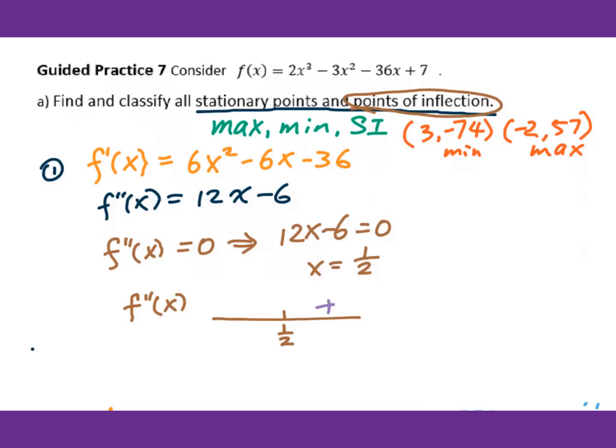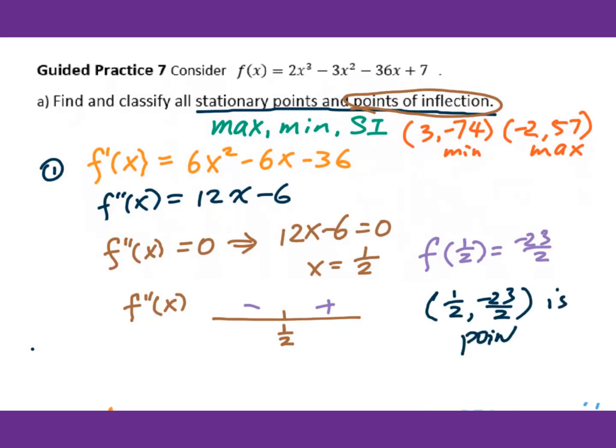Greater than 1/2 is positive, less than 1/2 is negative. Therefore, we plug into the original function to find the coordinate. So (1/2, -23/2) is a point of inflection.